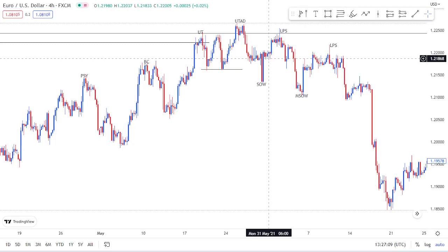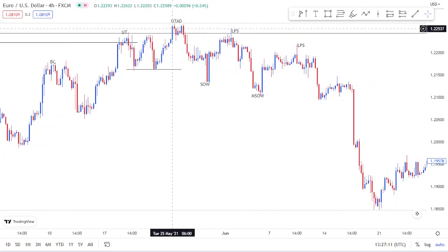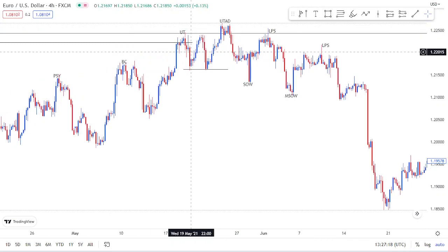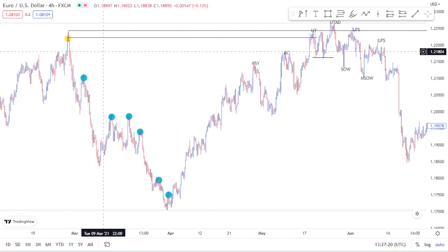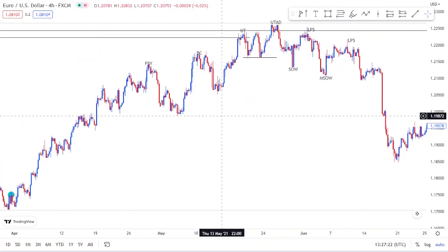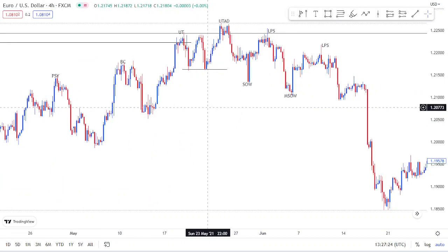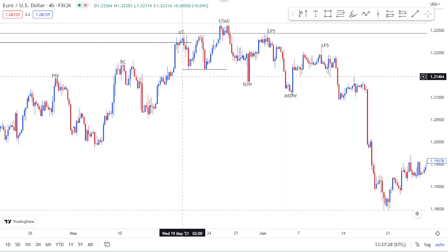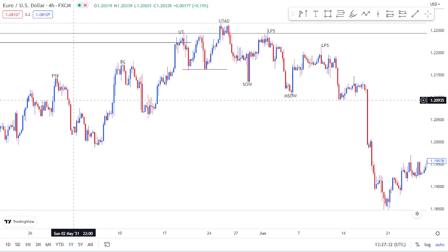Somebody might argue that there are relatively equal highs here at the upthrust after distribution. Yes, they are relatively equal highs, but why didn't price take them out? Because we're done taking out the liquidity to the left and we're getting ready for sales. If you're in the know of what you're doing, these are the relatively equal lows you want to take out, because you've already started seeing your schematic form.